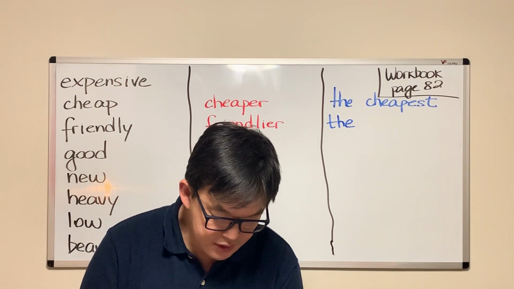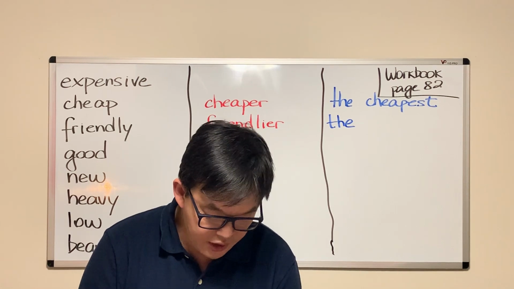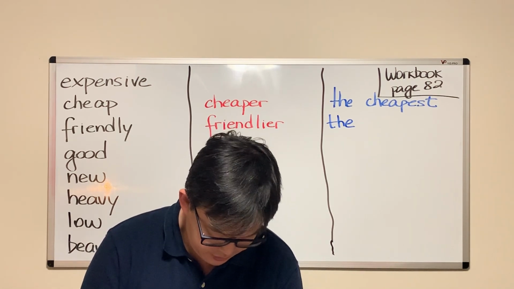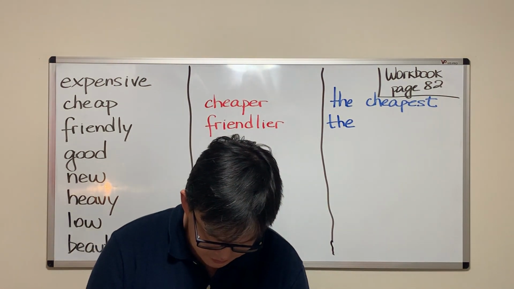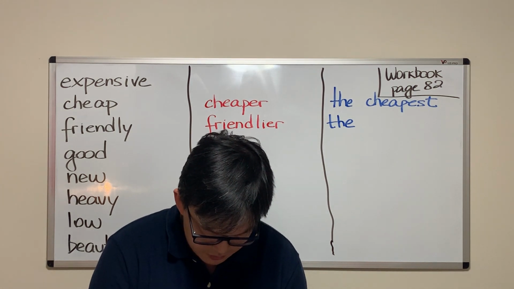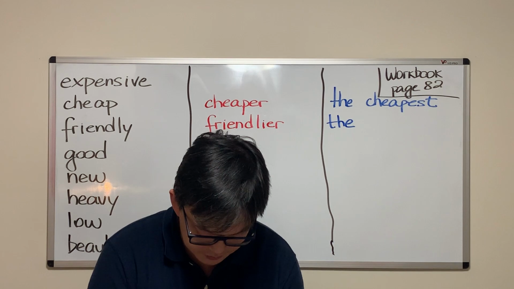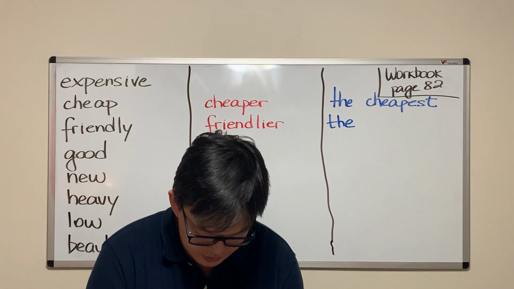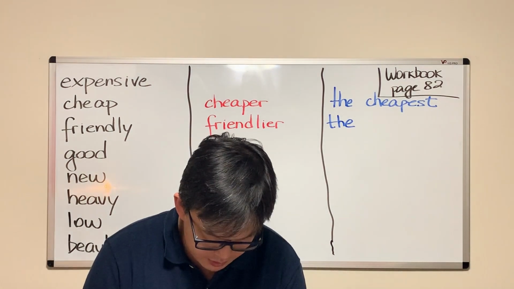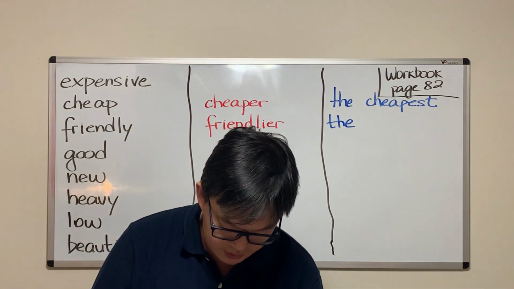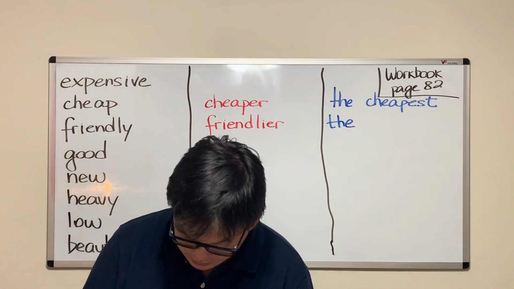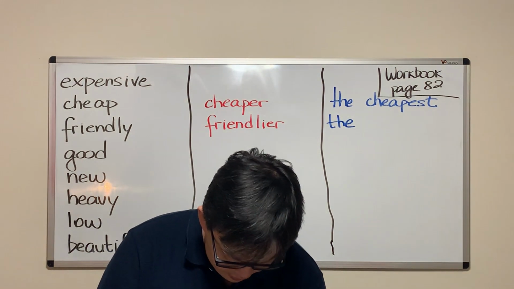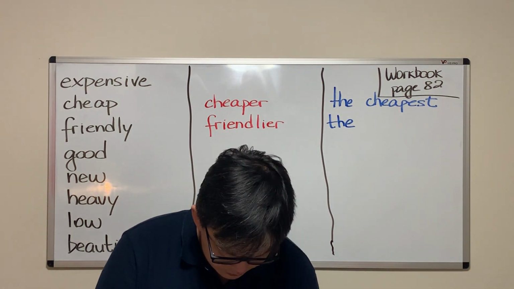The friendliest. Friendlier, what do you think? So if you have any difficulties, you can always come to me, but I'm gonna give you some time to just think. Do you remember what we do in this case?